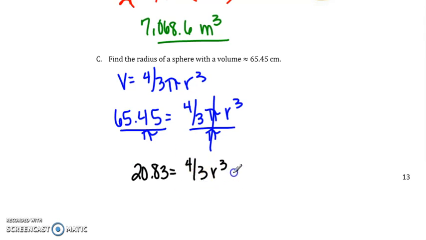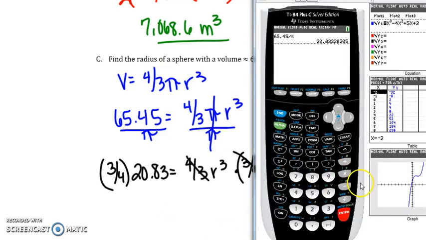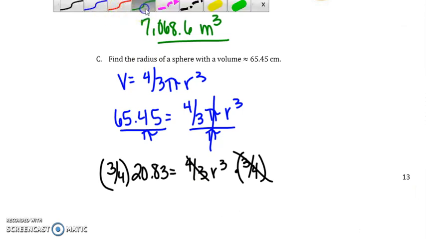We don't divide by a fraction, we multiply by its reciprocal. Remember that? So multiply by its reciprocal, and that is going to cancel that fraction out. So we're going to take that times 3/4, and we're at 15.625. I'm just going to keep it going in my calculator.